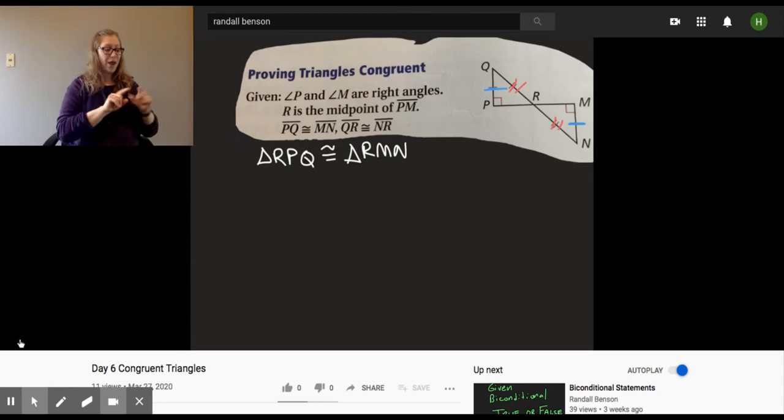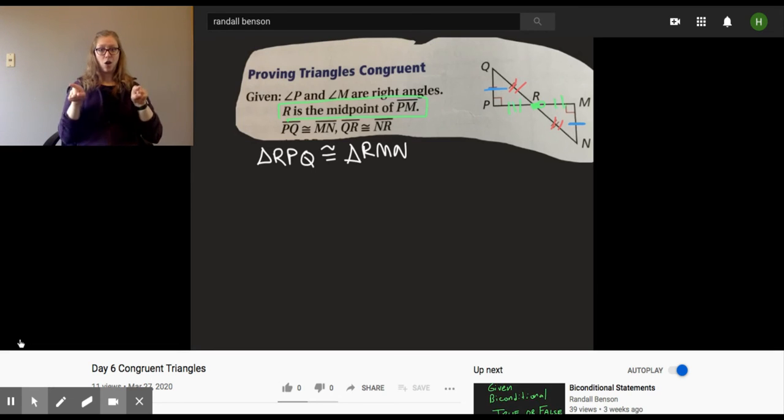What we don't know is why we would say that PR is the same as MR. But if we go back to the given information, we can see that it says R is the midpoint of PM. If R is the midpoint, then we know that the distance PR is the same as the distance MR. And if that's true, then those segments are indeed congruent.